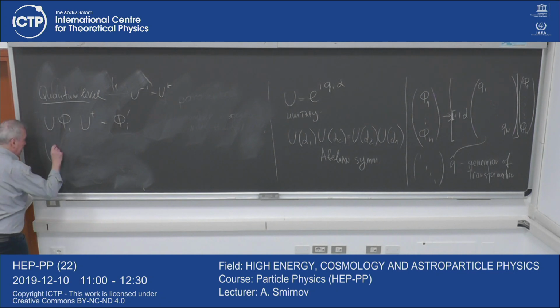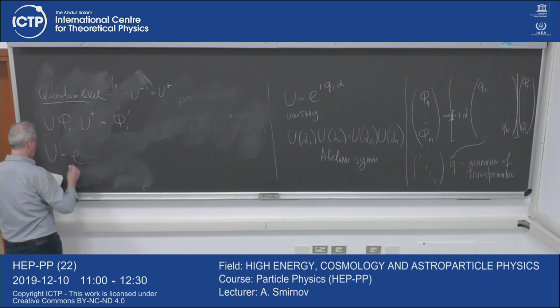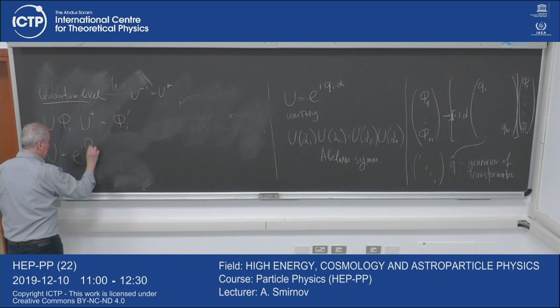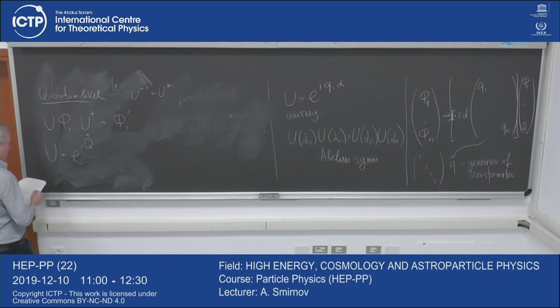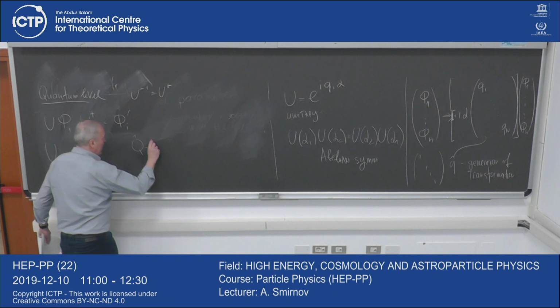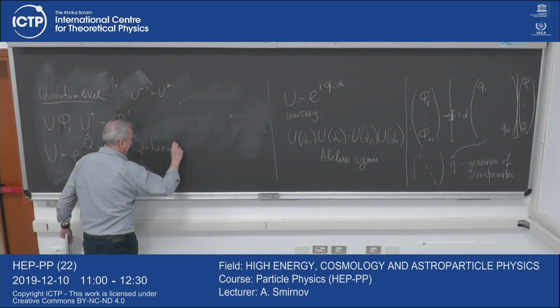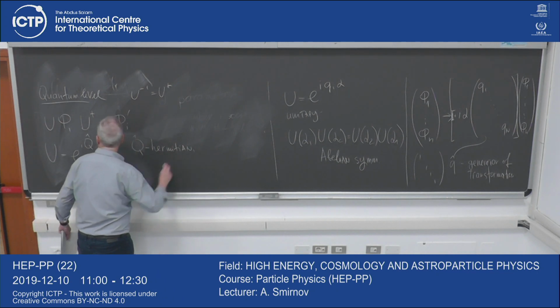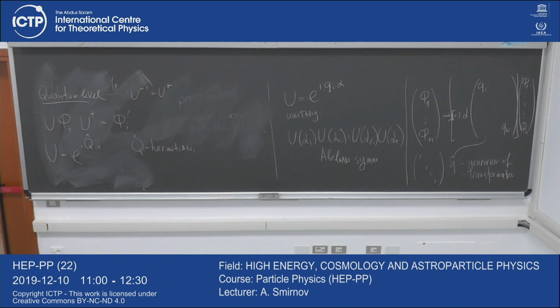U can then be written as an exponent, to have kind of an analogy to what we have at the classical level, exp(i Q alpha), where Q is some operator. Now if Q is Hermitian, then the transformation is unitary.